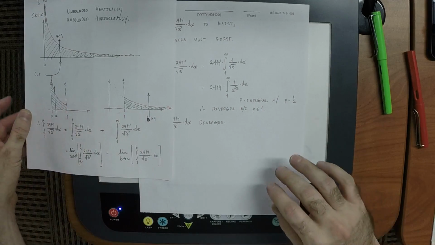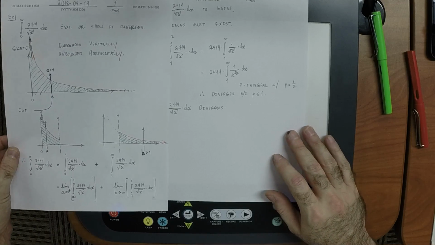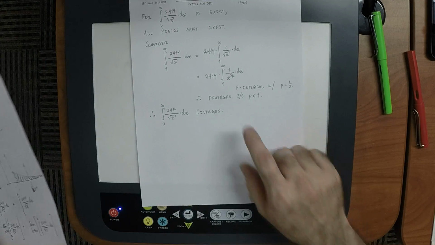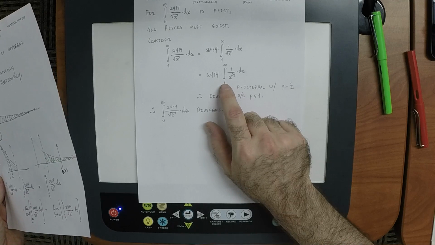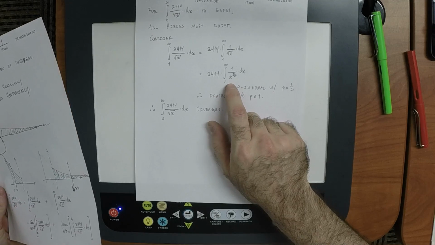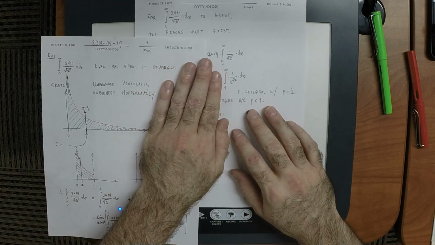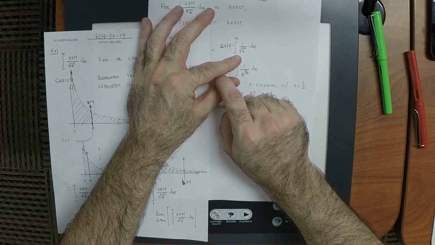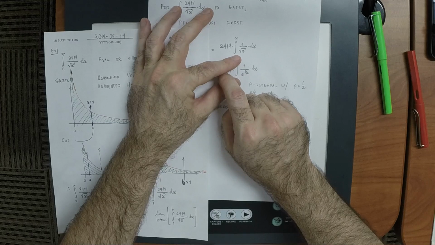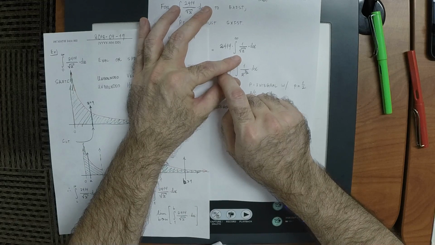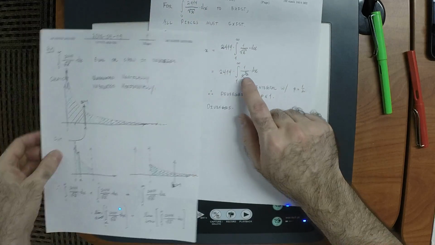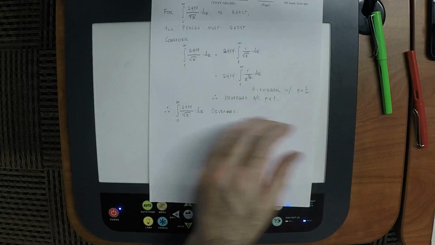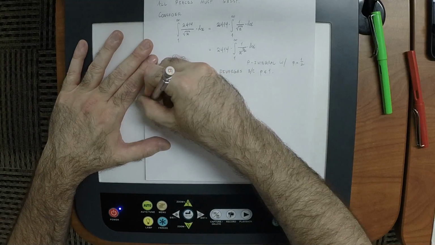Good. Yes? Is that the only way you can tell it diverges? No, I mean you can go ahead and just evaluate that. If you were to evaluate this as an antiderivative, ignoring all that other stuff, then you would get 2 square root of x, right? Well, let's just do it. So this is the answer to the question.